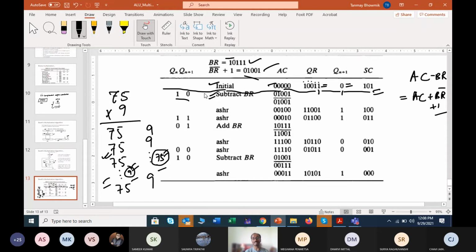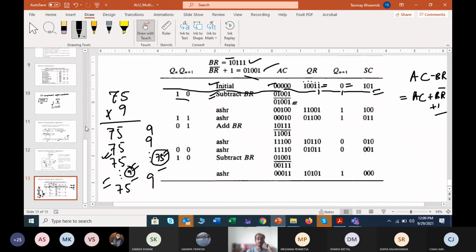Subtract means AC minus BR, which means AC plus complement of BR plus 1. So you are performing 5 zeros plus 0 1 0 0 1. You add these values and you get the first partial product.